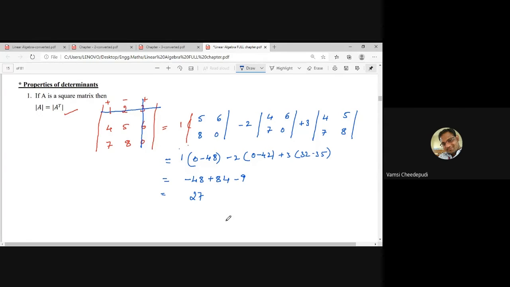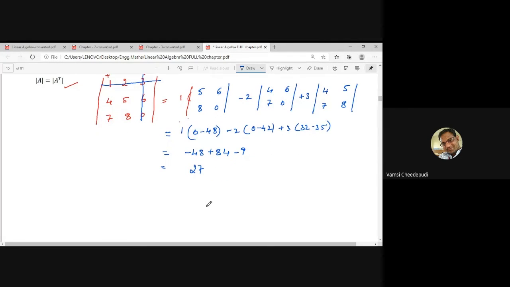Now I want to find the same determinant if you take the transpose of the matrix and find the determinant yourself. Transpose of the matrix means 147, 258, and 360. Find the determinant. 1 into 0 minus 48 is minus 48.